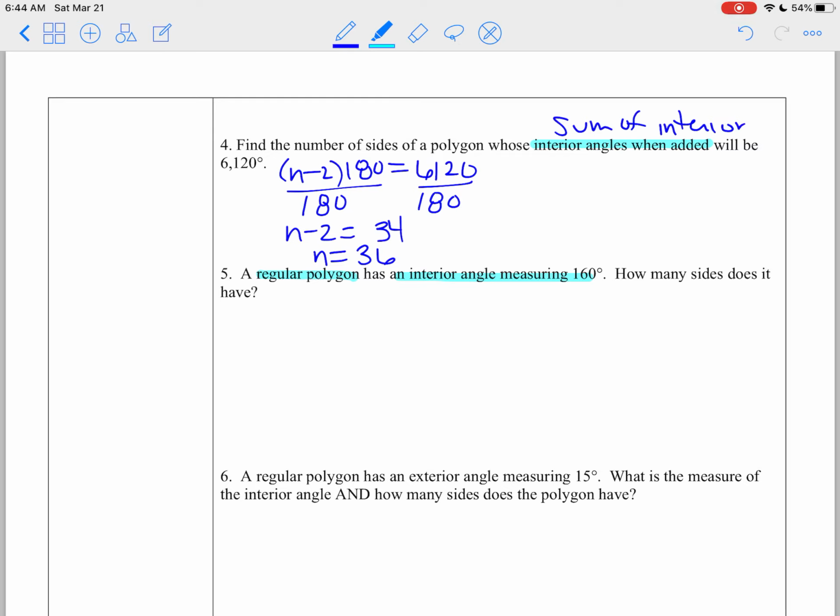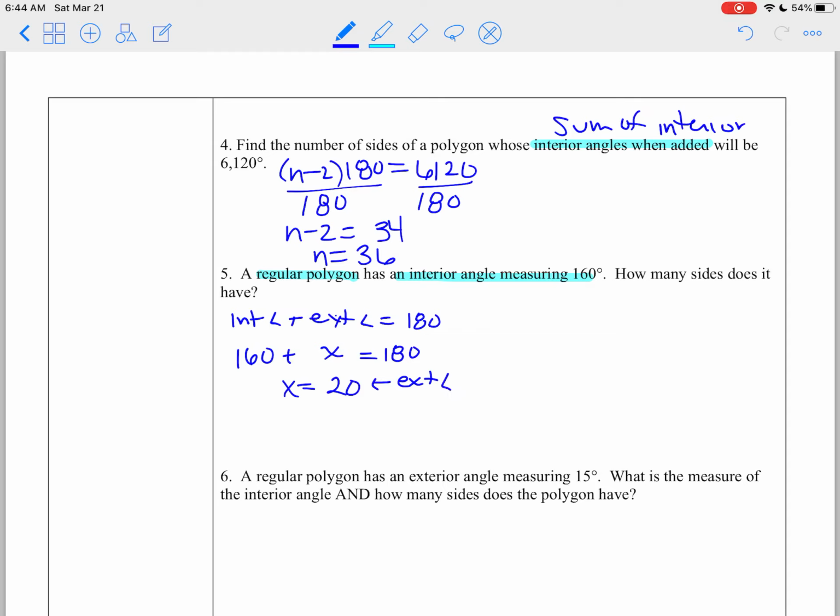An easier way is to remember the other option I said: an interior angle plus an exterior angle always equals 180. So if I know my interior is 160, plus my exterior has got to equal 180, that gives me x equals 20, and that's my exterior angle.